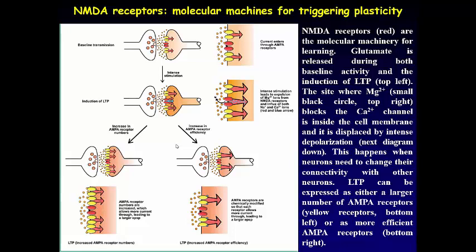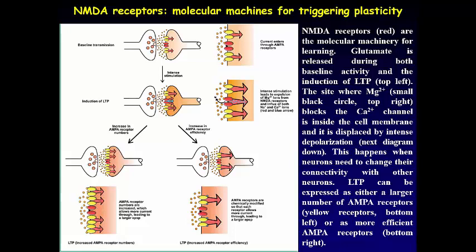Moreover, this could be continued into increasing numbers of dendritic spines, so that we would have more contacts between these two neurons. So this is a mechanism of memory, and once we have activation of several neurons simultaneously, it means that they will code some memory.